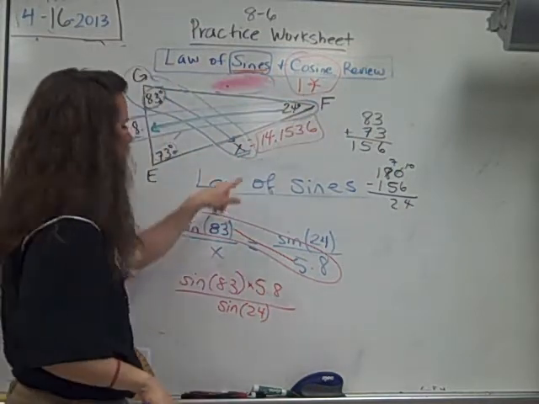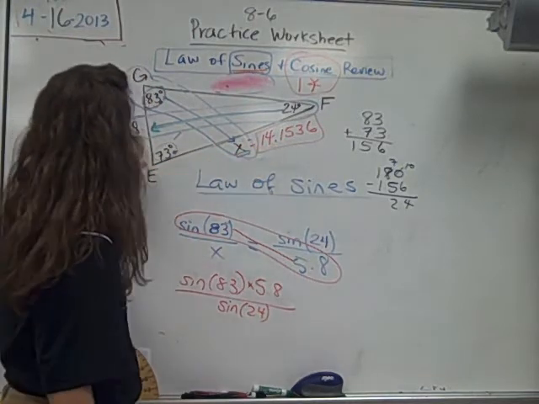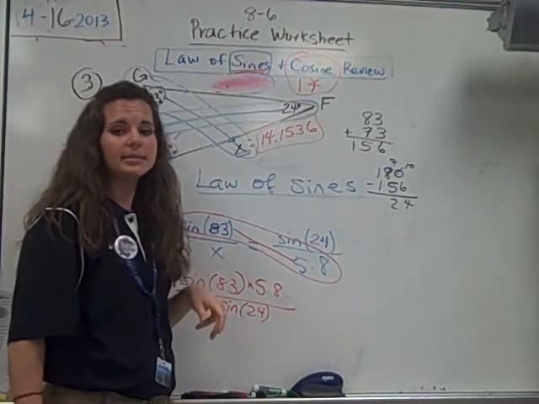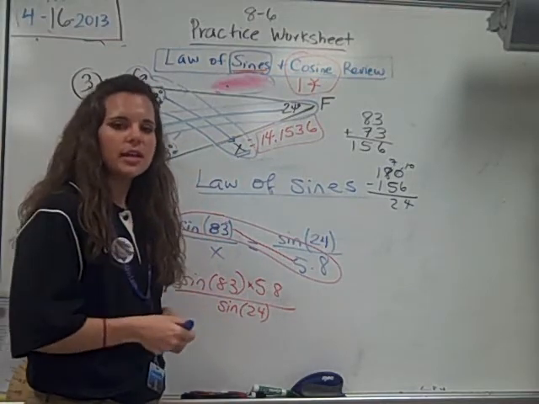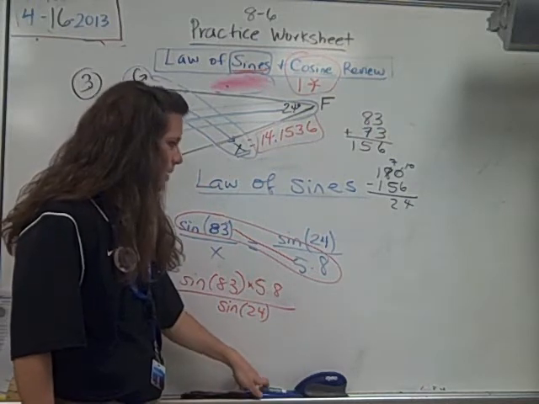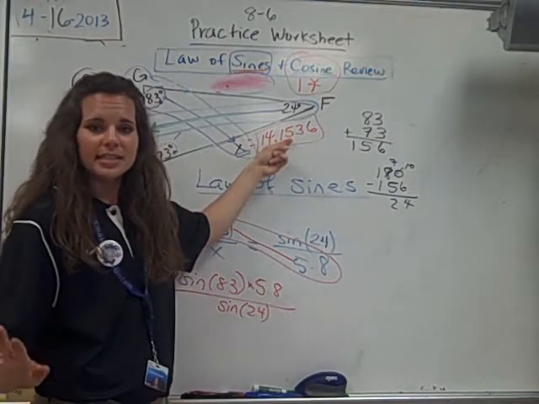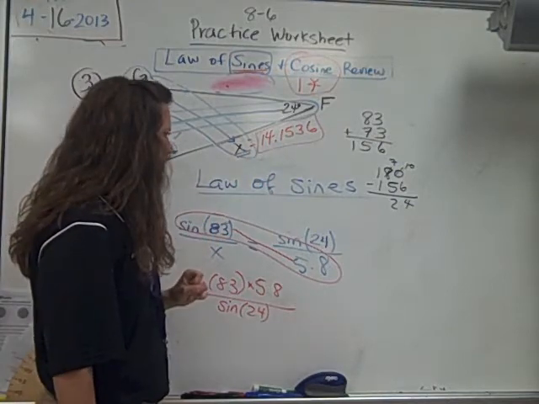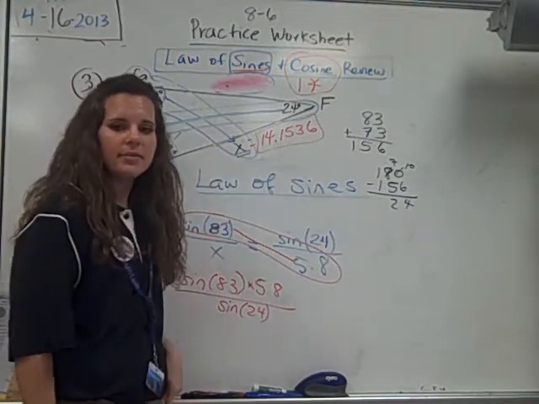Does that happen? 14.1536. Is that bigger than 5.8? Yes, it is. So this is a legitimate answer, and you can kind of check yourself as you go along. What if you get a number like 1,253? You know you did something wrong, so pause and go back. What if you get a negative answer like I did? You can never have negative distances.